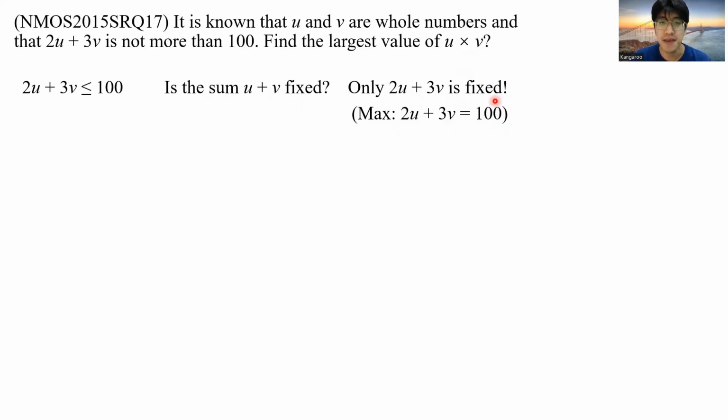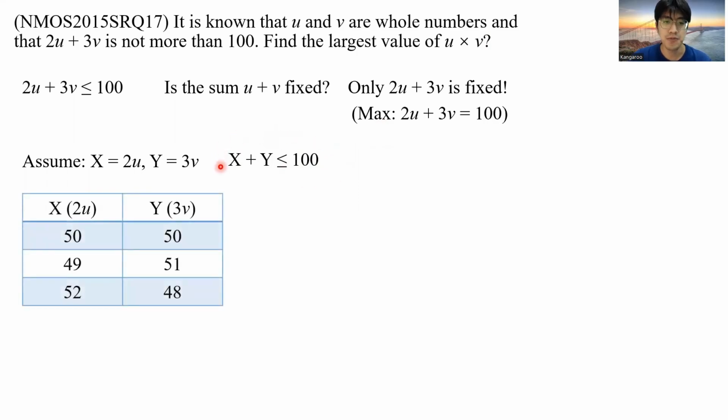To simplify things, let me denote 2u as x and 3v as y. Now we have x plus y is smaller than or equal to 100, and in the maximum case, this equals 100. So the sum is fixed, and we can use what we just learned.